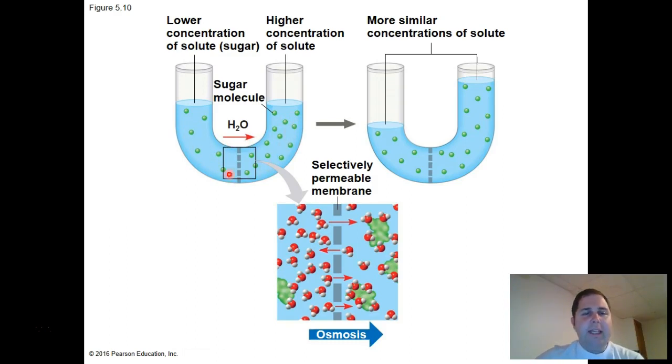And so to seek equilibrium, to seek an equal concentration on both sides, we're no longer able to move the solute. So what is actually going to move is the water.